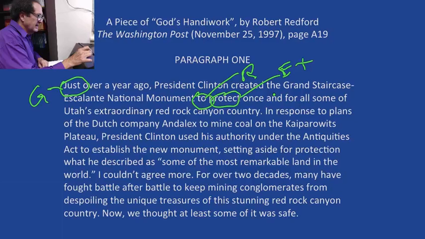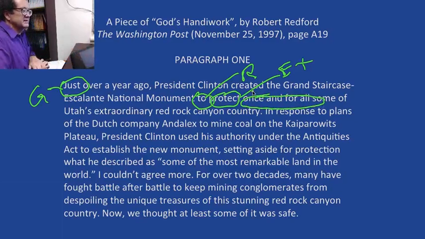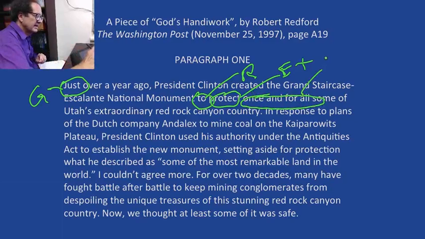Okay, the next words are once and for all. What does once and for all do? Nothing. Some of these words are going to get marked as nothing whatsoever. Because once and for all doesn't guard, it says once and for all. It's the absolute limit. But the next word, some, now what does that do? That guards.